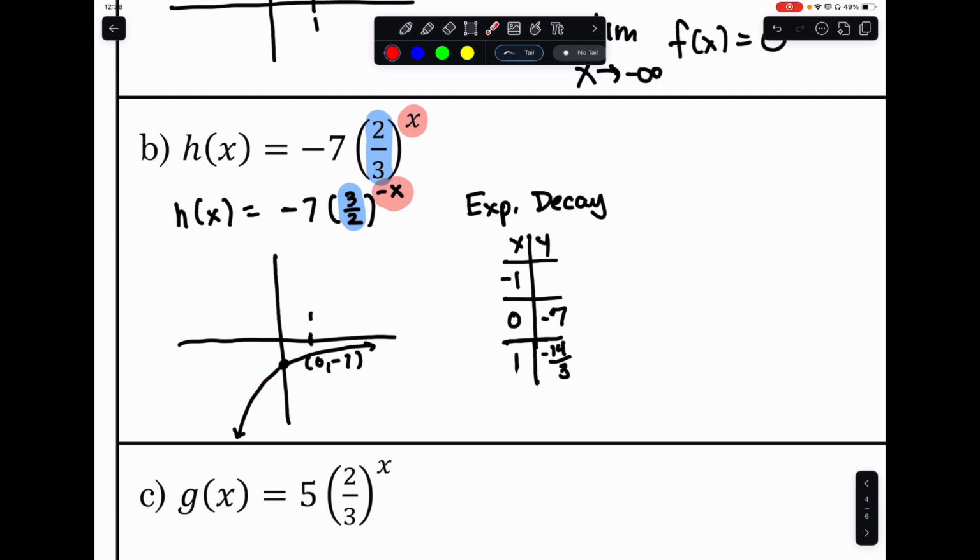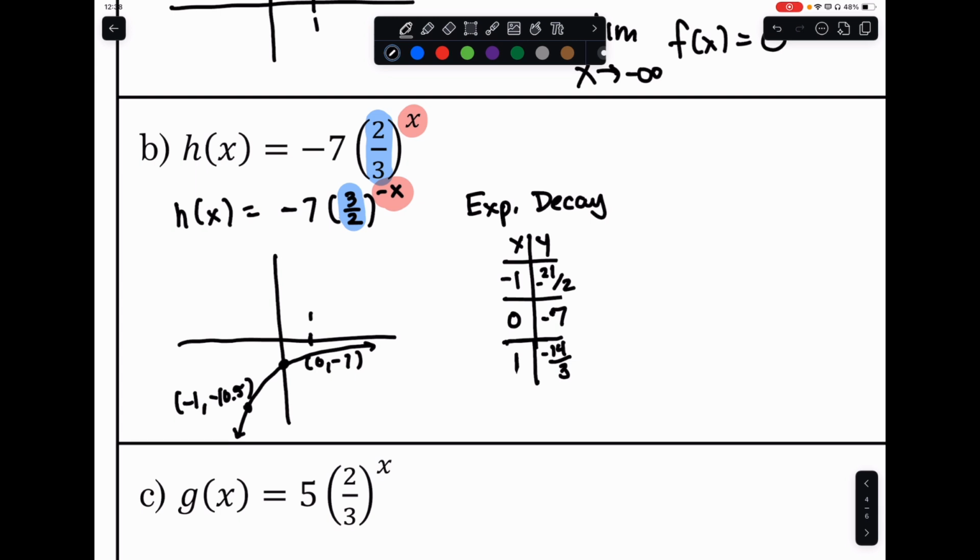So -7 times 3/2, that's going to end up equaling 21/2. So I put those backwards. So 21/2, which, there, that makes sense, is -10.5. And yeah, that makes sense right there. So when x is equal to -1, -10.5 would be the point that I would plot.